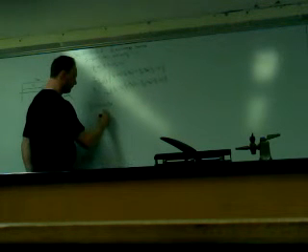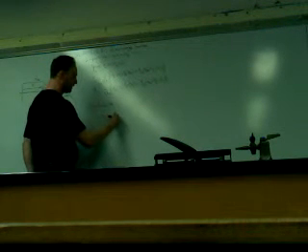So what we're going to do is calculate the expectation value for the relative position, the separation distance. So we're going to look at the expectation value of (x1 minus x2) squared. What is that going to tell us?